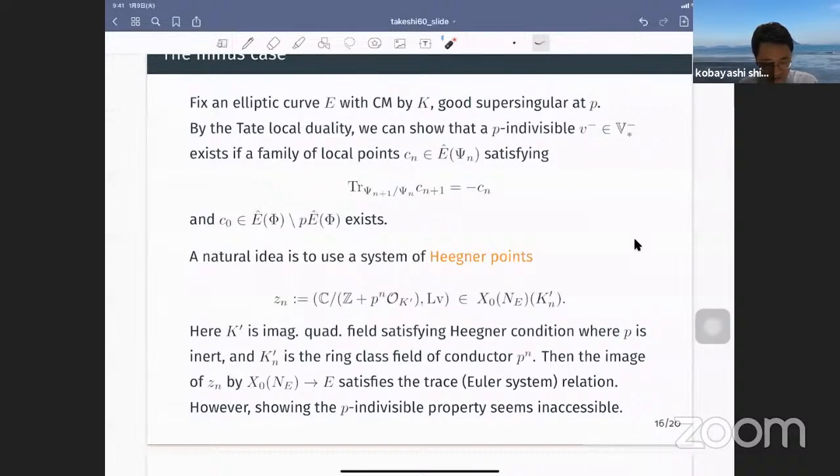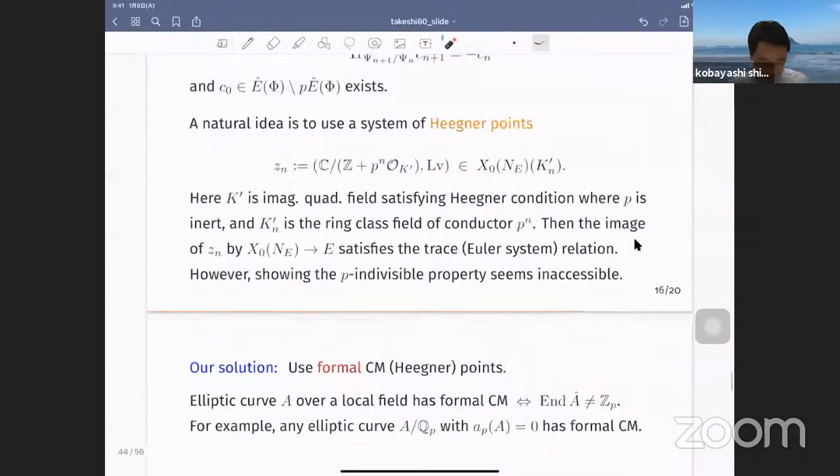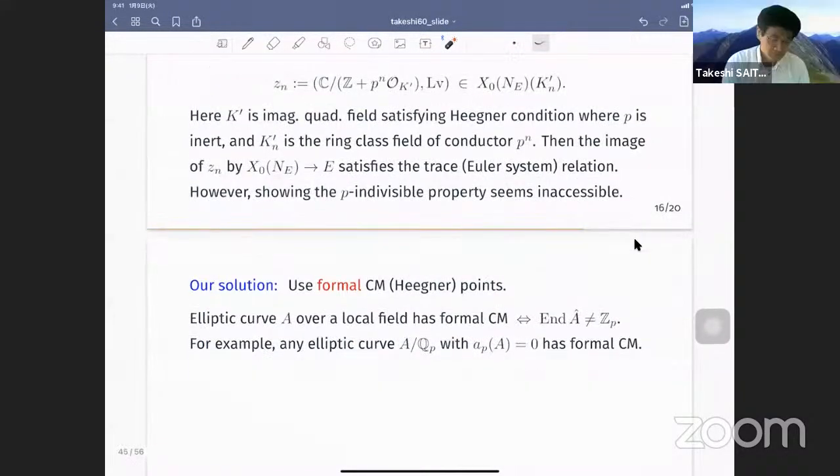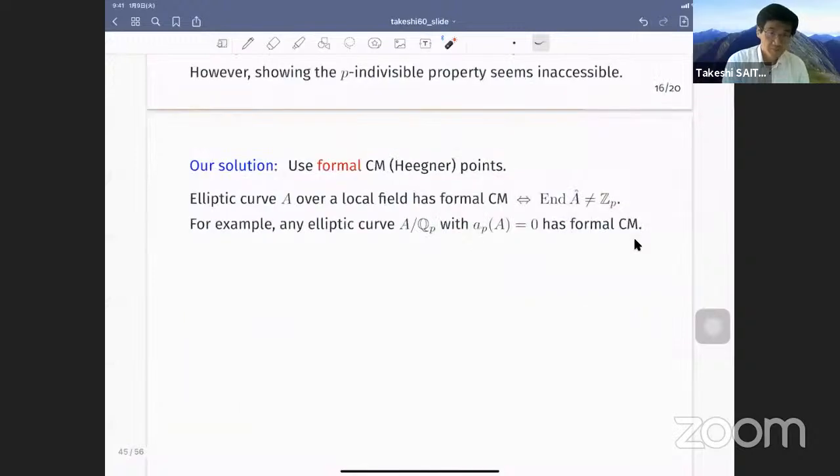It describes the local p-indivisibility of Heegner points in an l-adic field, so l not equal to p. So there are such results, but there is no result in this setting. And our solution, so I have one minute, is to use formal CM points.